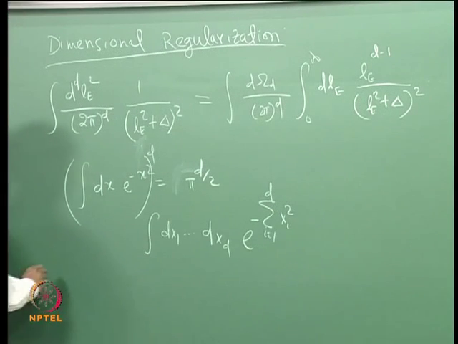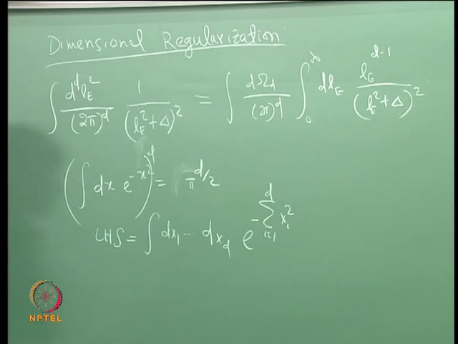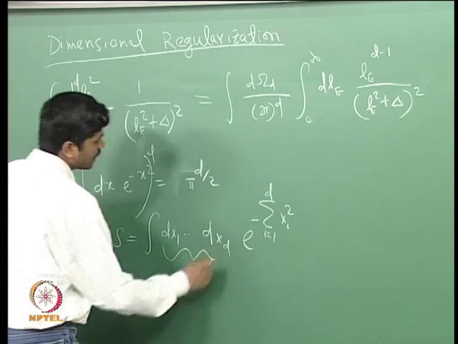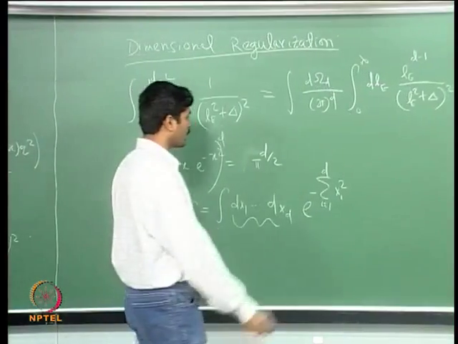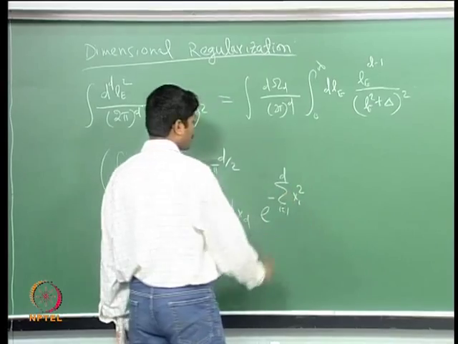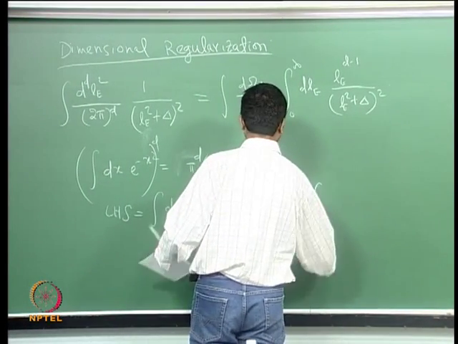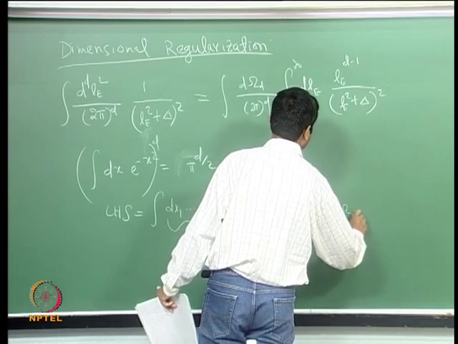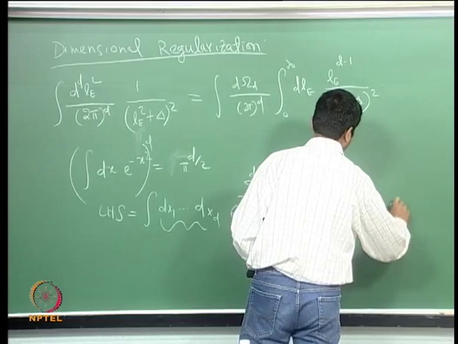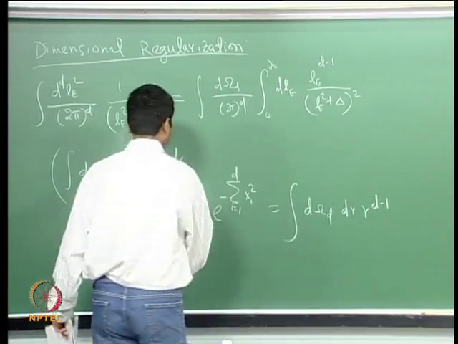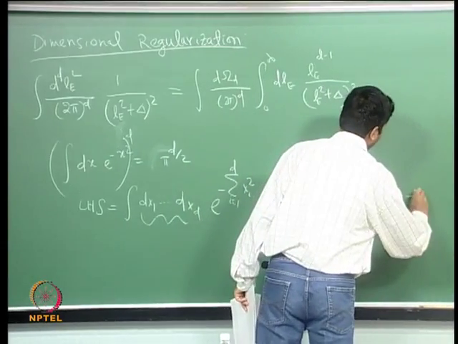This is my LHS, and this is just the volume element in d dimensional Euclidean space, and this is just the square of the radial distance in d dimensional Euclidean space. So, I can write it as d omega_d times dr r to the power d minus 1, which is the volume element, times e to the power minus r square.